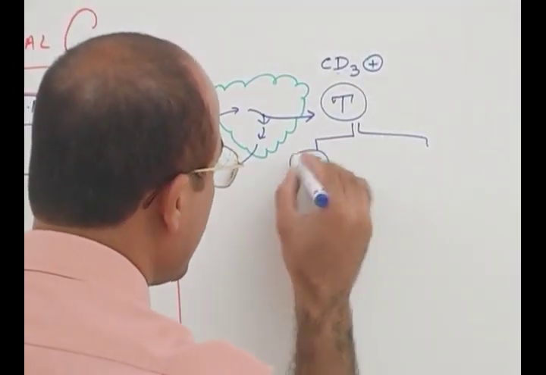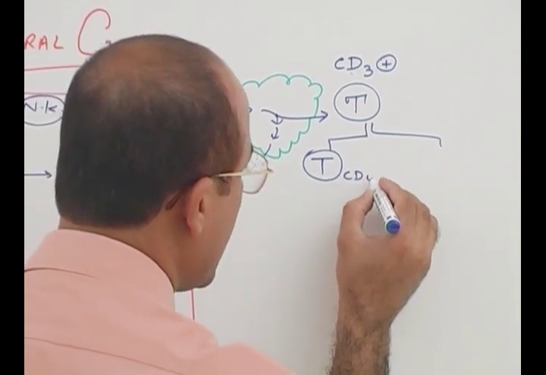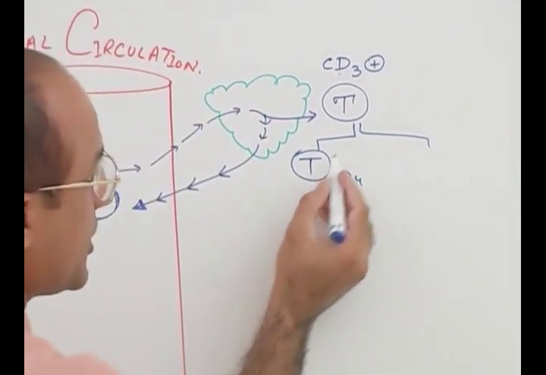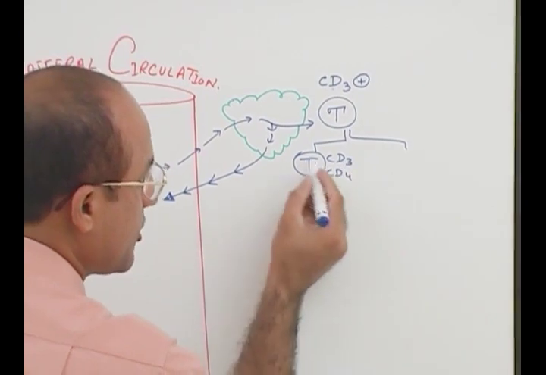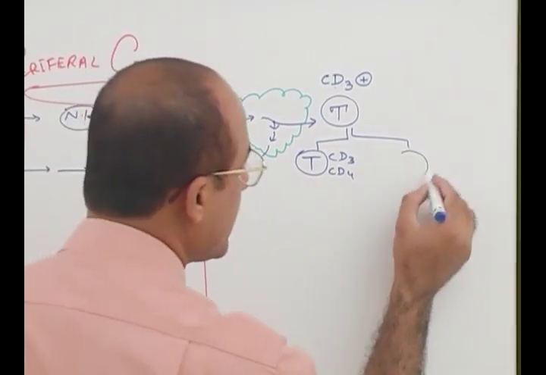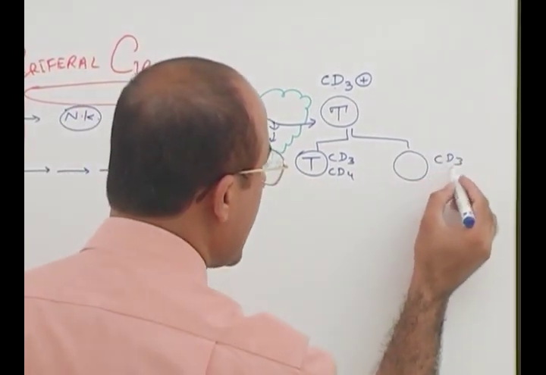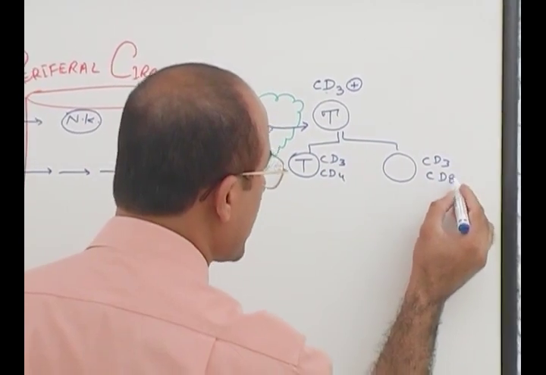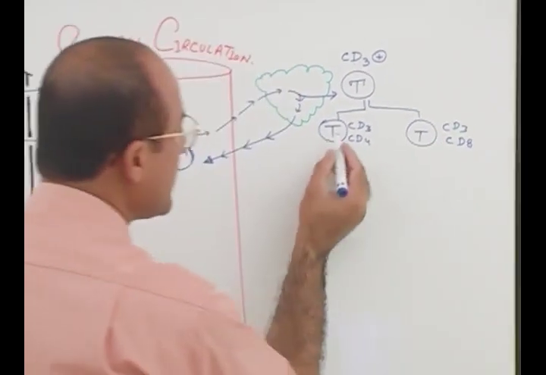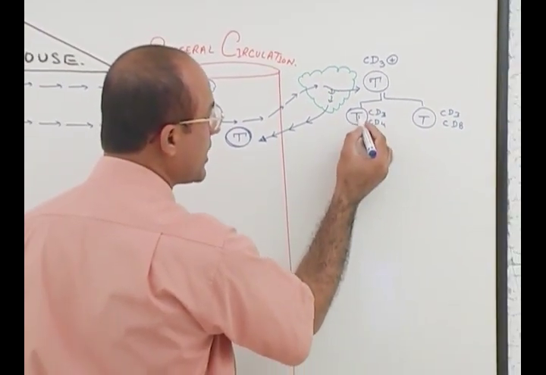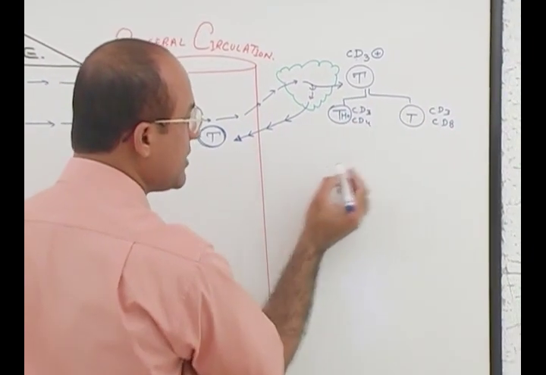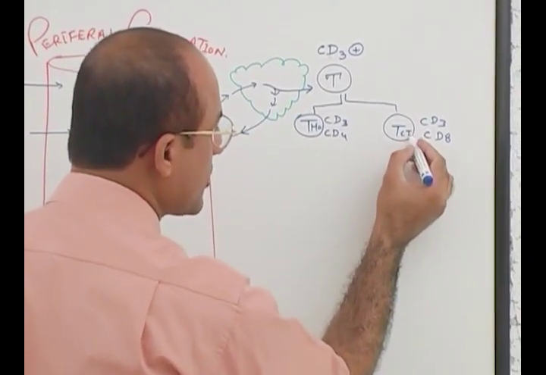Some T cells are CD3 as well as CD4 positive, and other T cells are CD3 as well as CD8 positive, right? Those which are CD4 positive are called T helper naive, and these are called T cytotoxic.